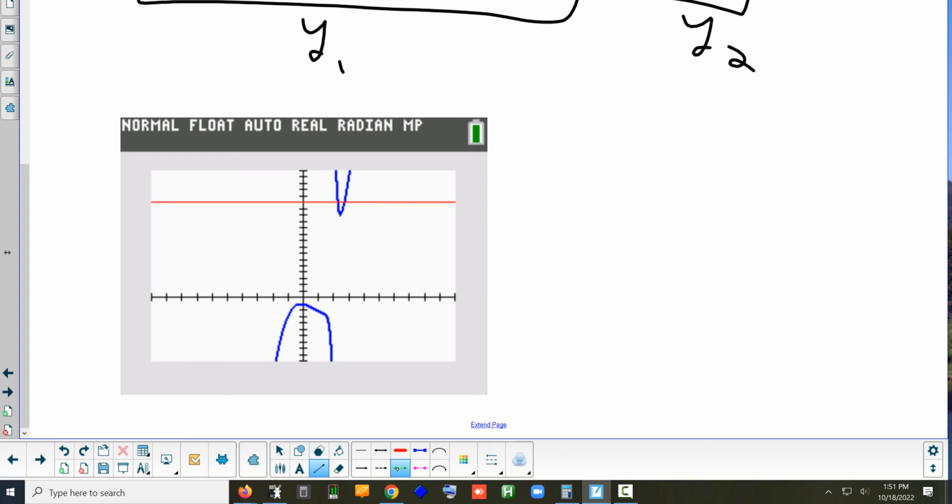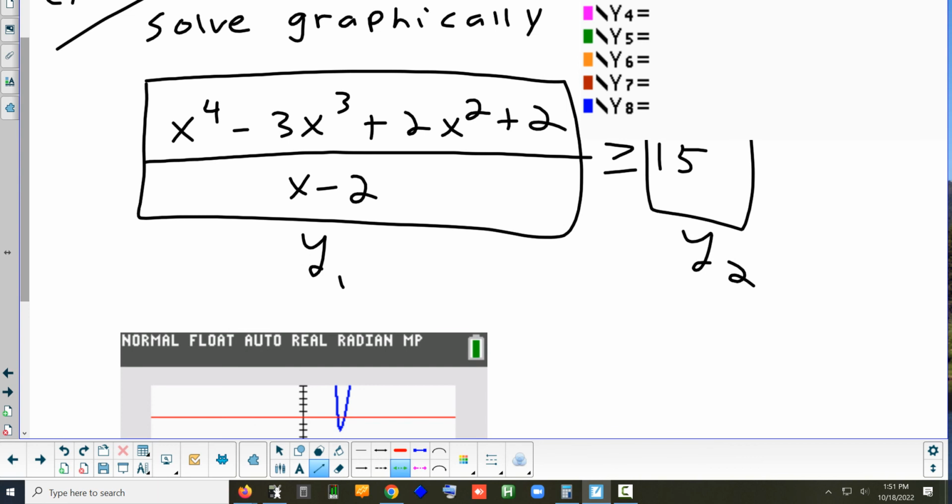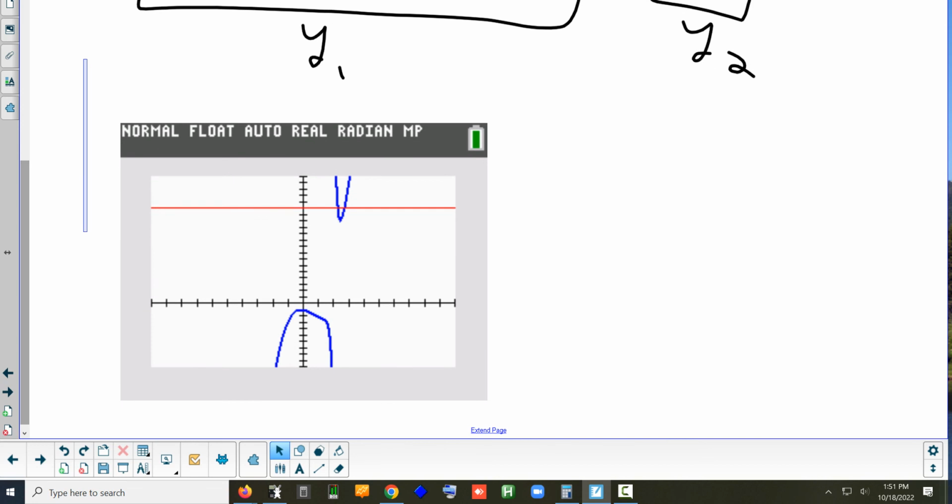A what? So because 2 makes the denominator 0, we have a what at x equals 2? Yes, we have a vertical asymptote. So let's draw a vertical asymptote at x equals 2.